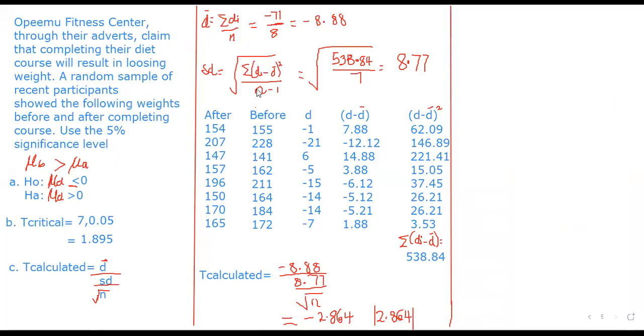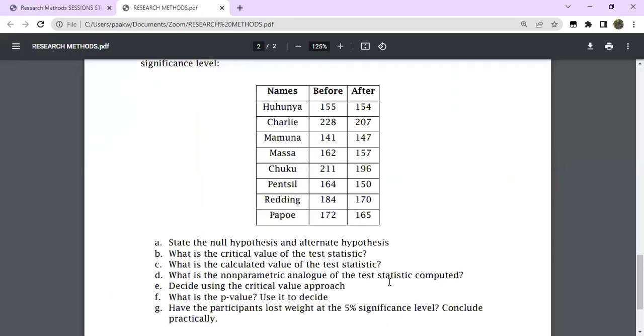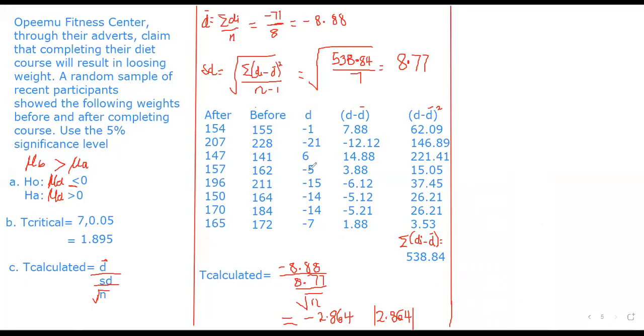So the question was the analog of the test statistic computed, and that one too, it was dependent two samples.